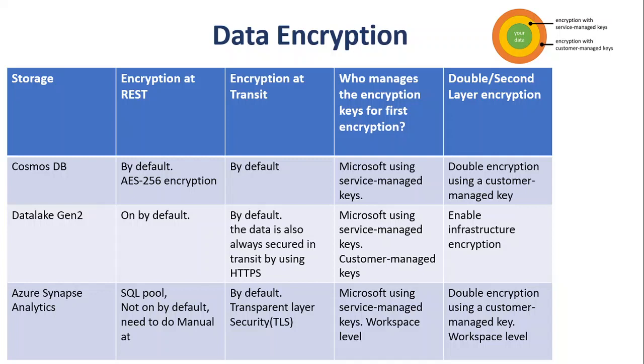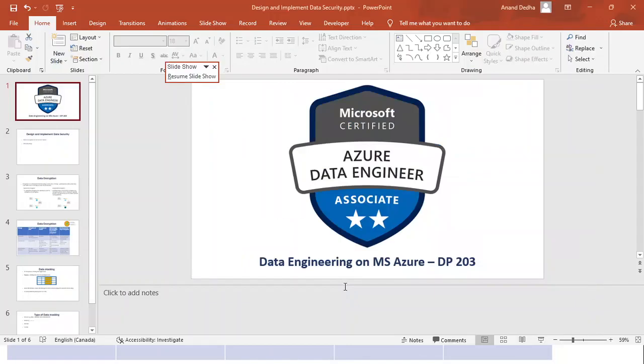But if you have your own keys, you can use those too. And here the double encryption, or the second layer of encryption, is enabled using a setting named enable infrastructure encryption. So let me show you very quickly how we do that.